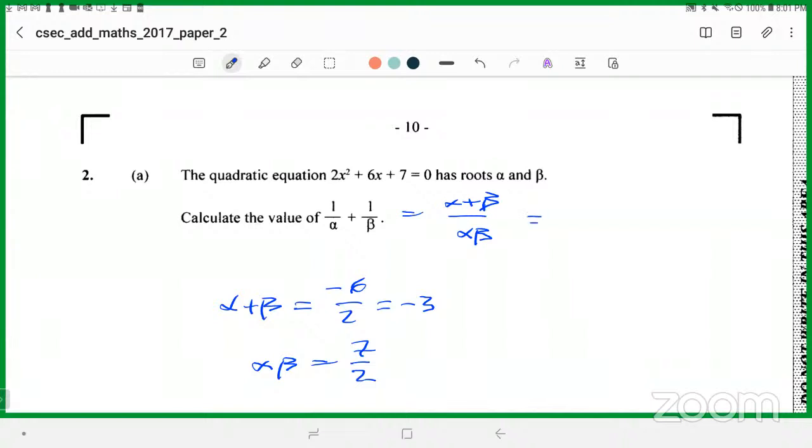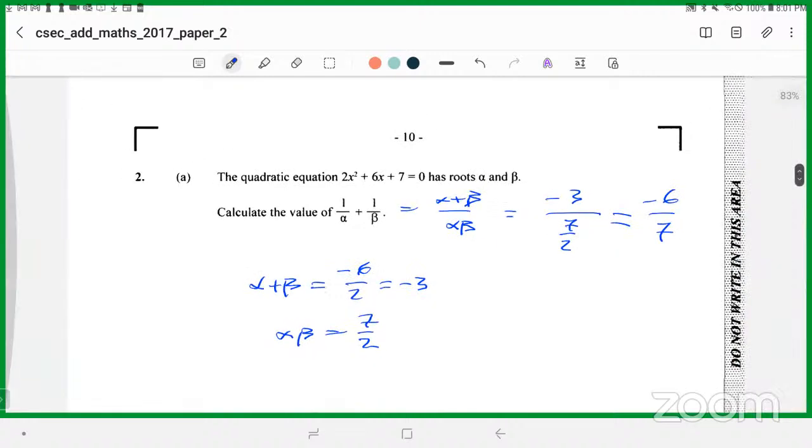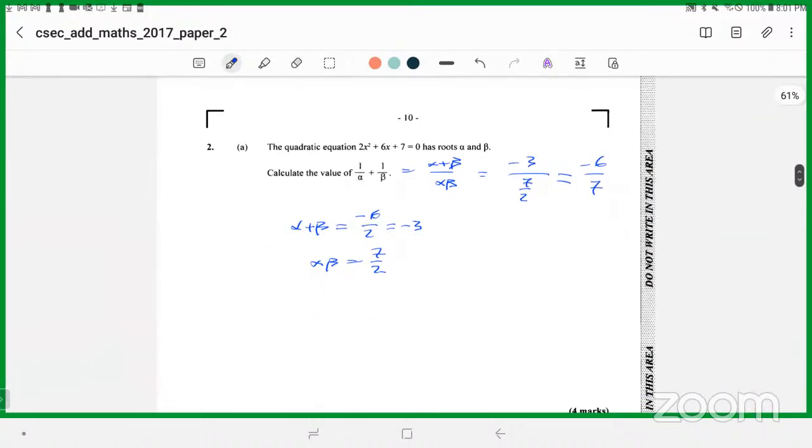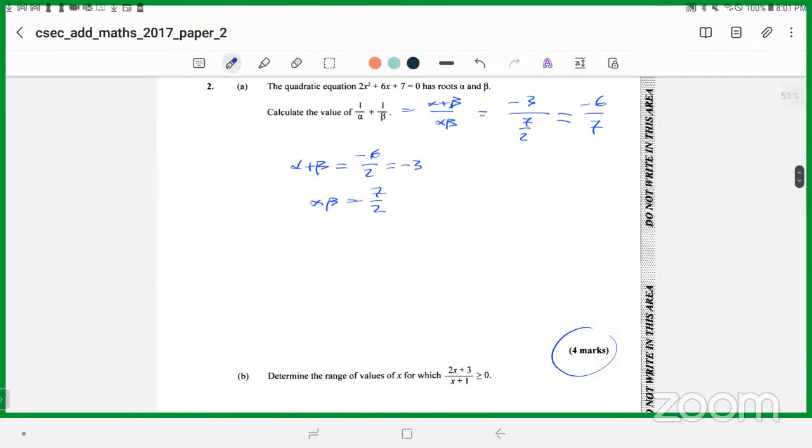So this becomes negative 3 over 7 over 2. The 2 can invert and multiply by the 3 up there, and so the answer is negative 6 over 7. Done. That's finished, just like that. Nice and easy, 4 marks.